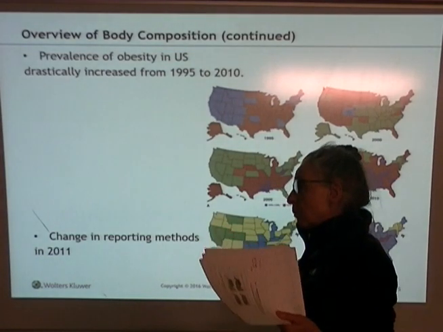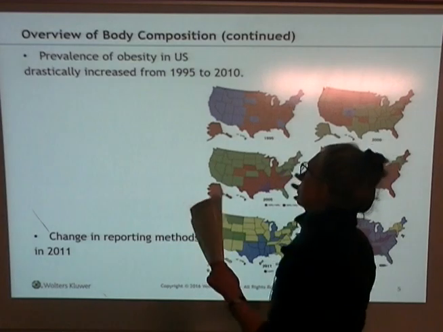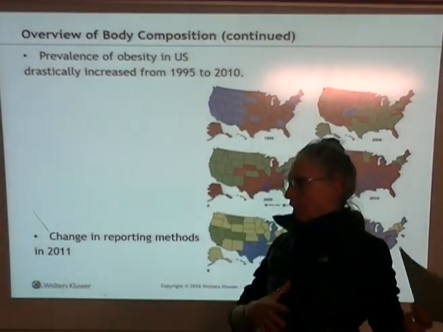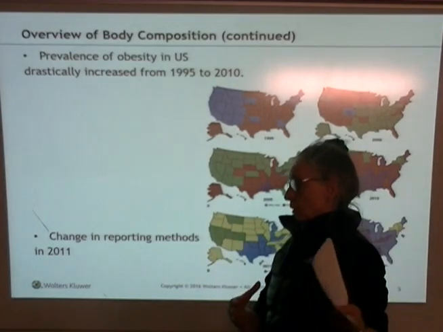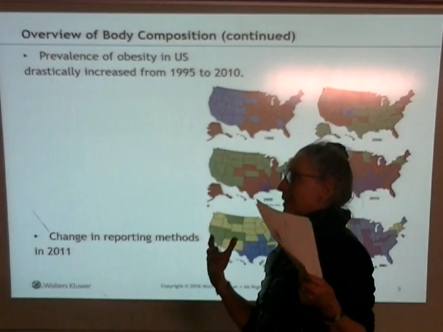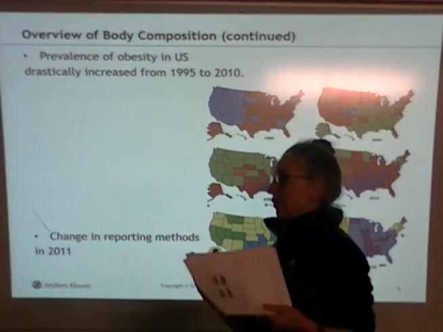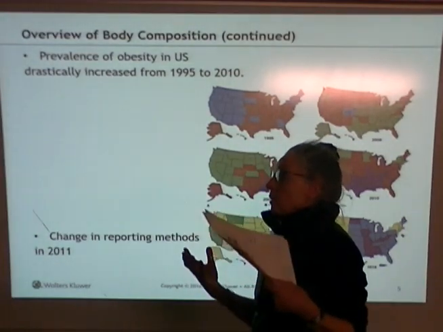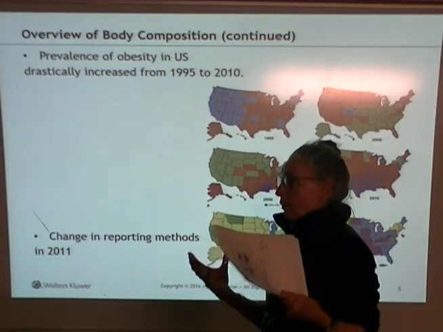So this problem not only is getting worse when we look at the adults, it's now filtering down to the children. And that's a huge problem because most of you might not know what it's like to be overweight, right?